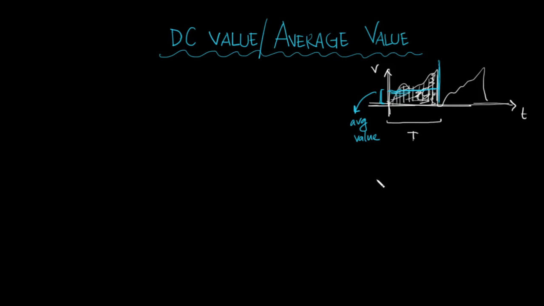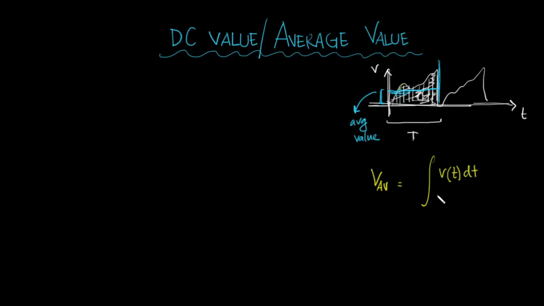So for periodic signals, if we want to find the height of this water, we will first have to find the amount of ice that was under this signal, right? The amount of ice will be equal to the area beneath the signal. So we will take the signal whose average value we want to find, V(t), and integrate that signal.